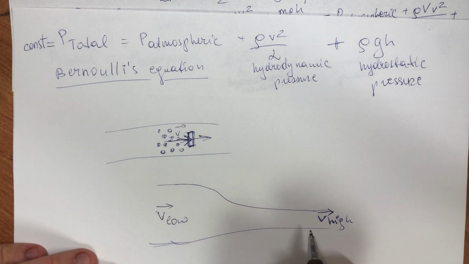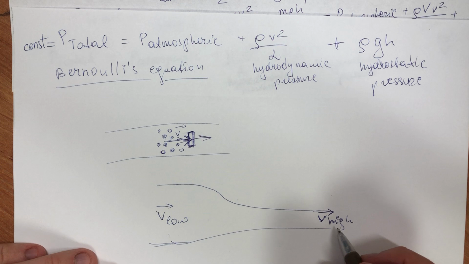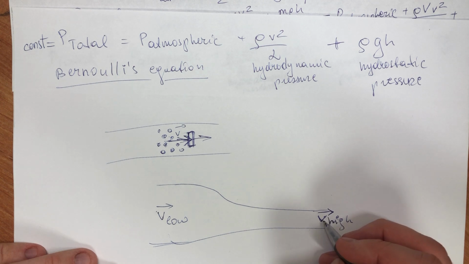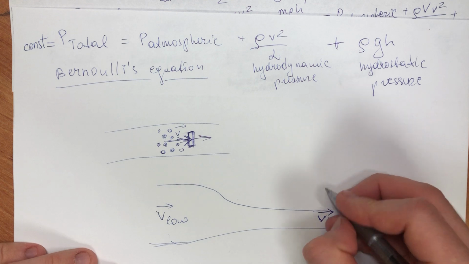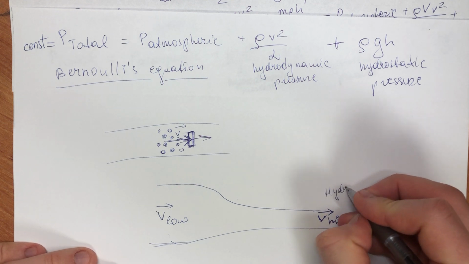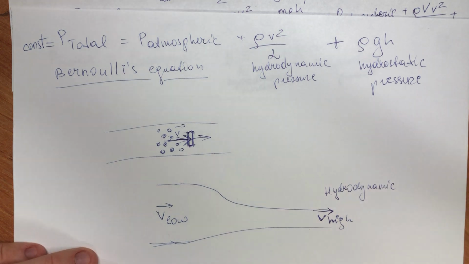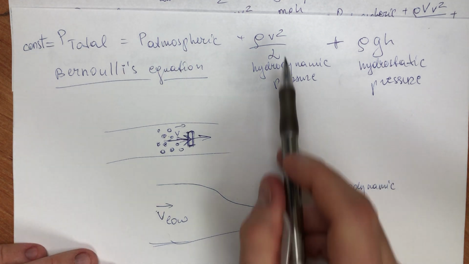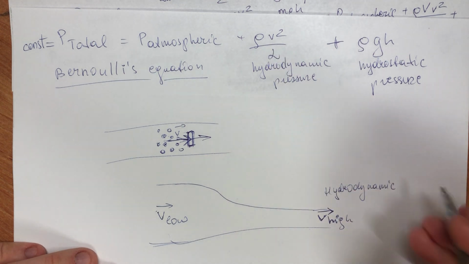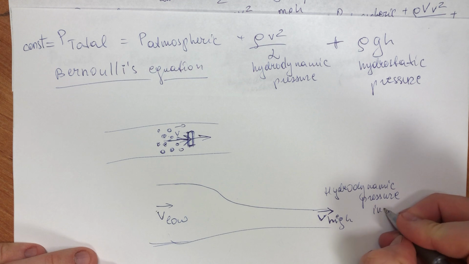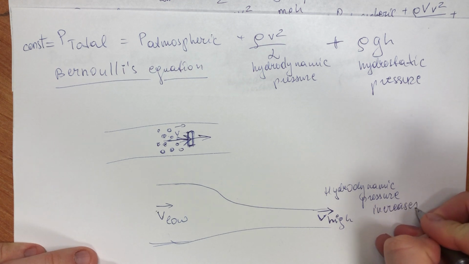So atmospheric pressure and hydrodynamic pressure have to be the same everywhere. So in order for hydrodynamic pressure to increase here, because V increases here, and here it is V. So hydrodynamic pressure increases.